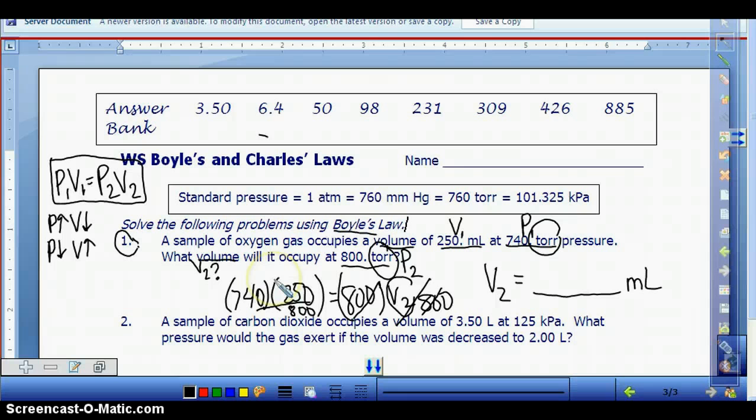I'll give everybody a second to do that. When you get an answer, check with your answer bank, and you should have 231. And you can cross that one out because you've used it. And now it's time to go on to question 5.